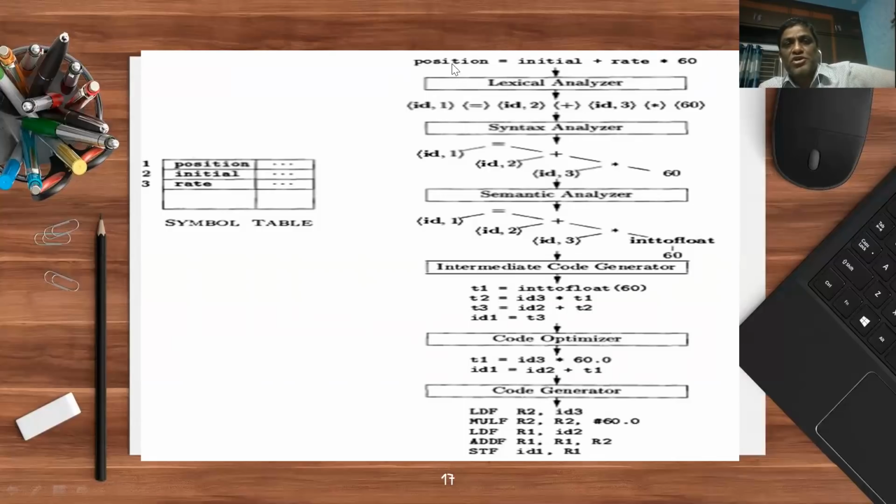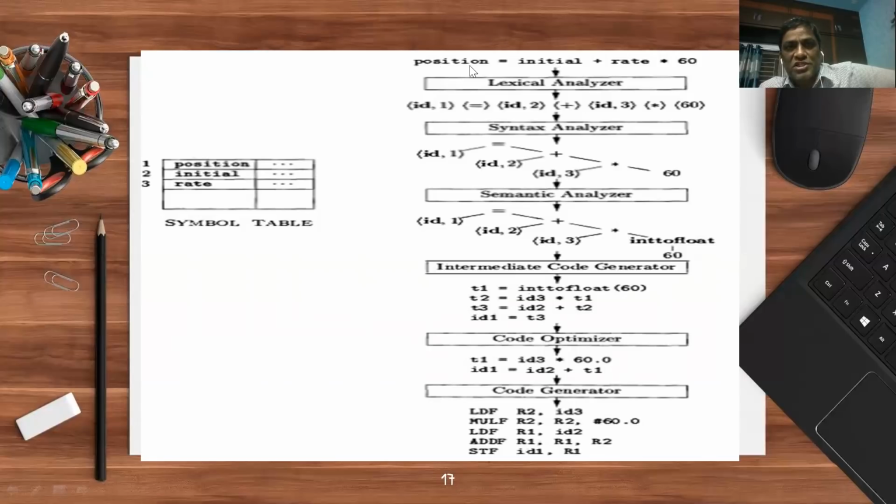Position is an identifier, is equal to is an operator, and initial is another identifier. An identifier is nothing but a variable. There are 3 variables, 3 operators, and a constant. 60 is a constant. Now, when this statement is sent to the lexical analyzer, it identifies all the lexemes, the tokens.